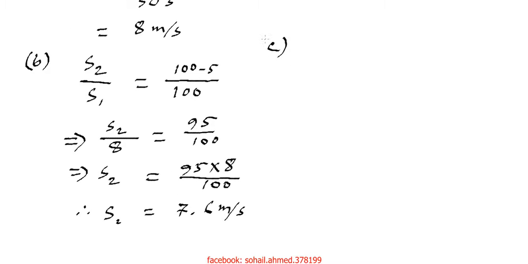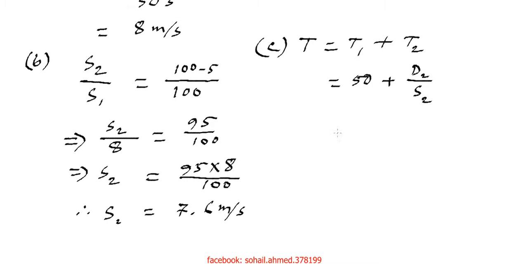In part C, total time, say T equals to T1 plus T2. T1 is given 50 seconds, right? And T2 is what? D2 by S2.